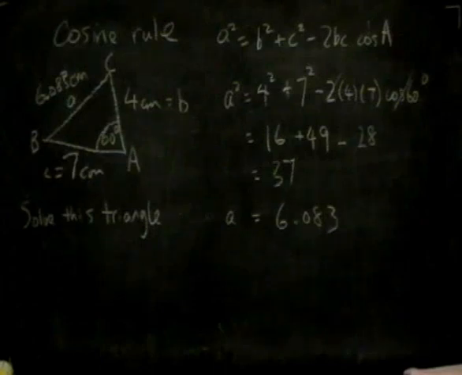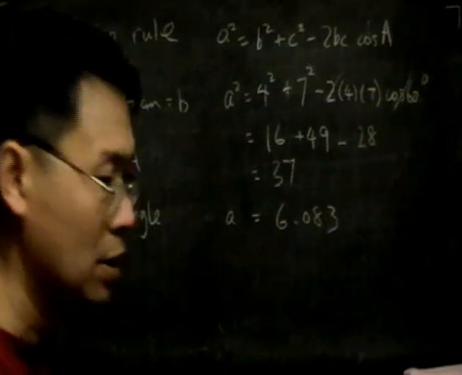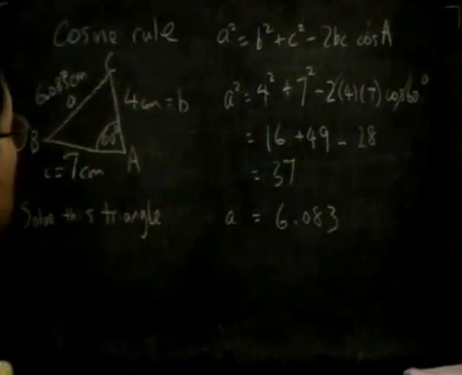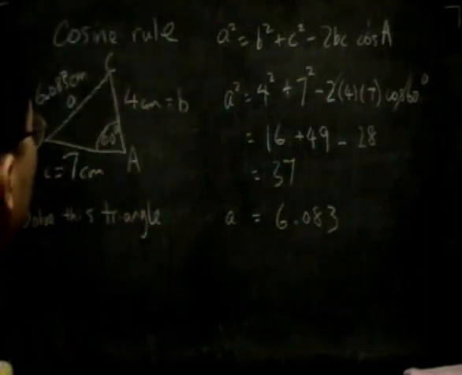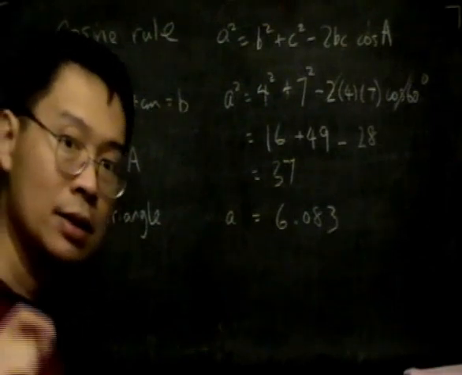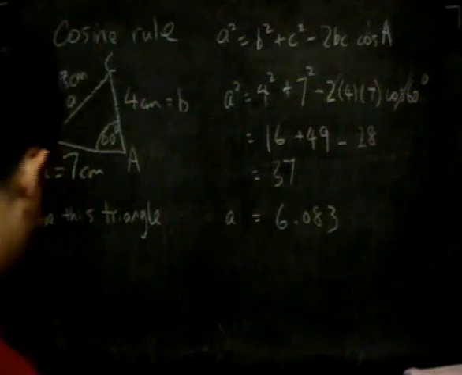But what I'm going to do instead is to show you an example in which you are given the sides of the triangle and you have to find one of the angles.